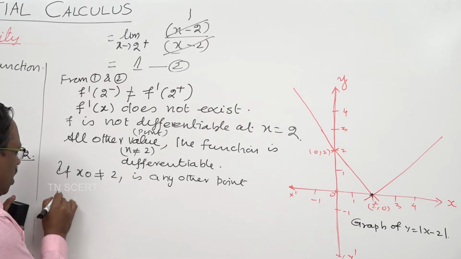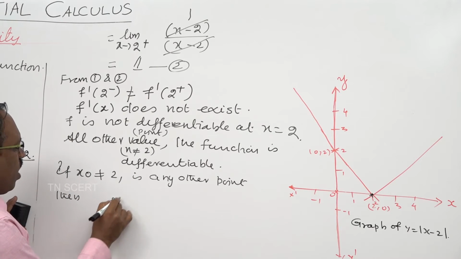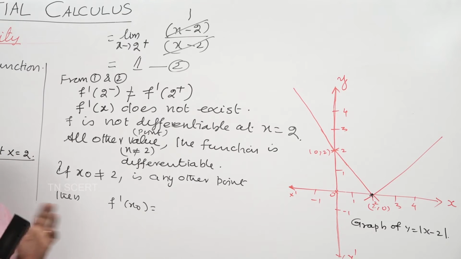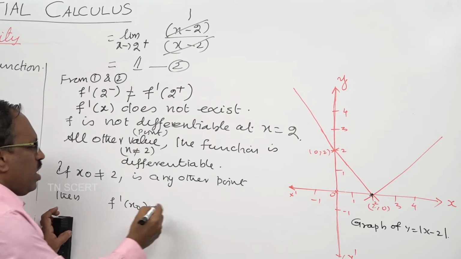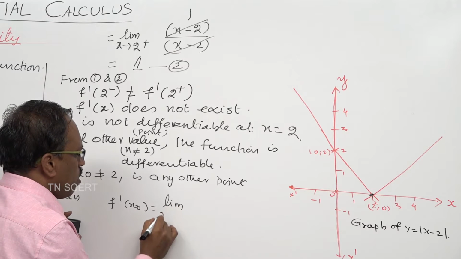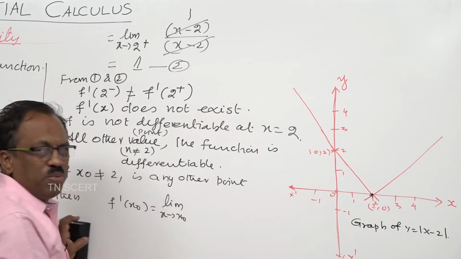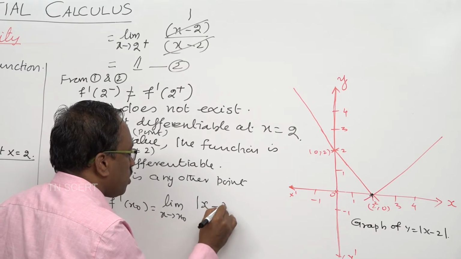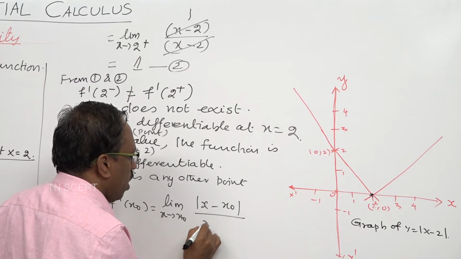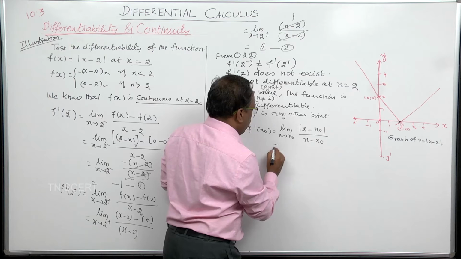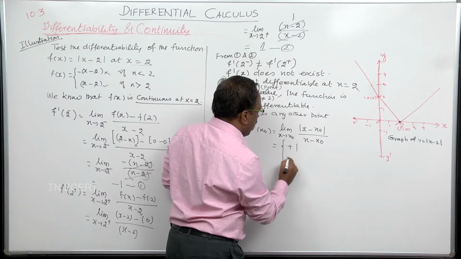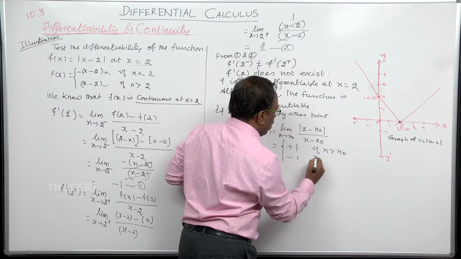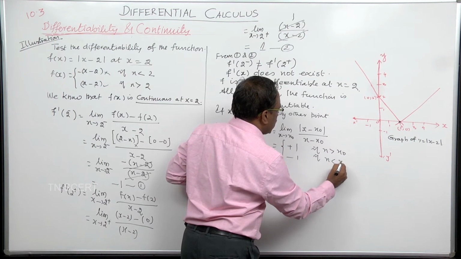Then what else here? f dash of x naught, remember, that word is very important. f dash of x naught is the limit as x tends to x naught of modulus of x minus x naught by x minus x naught. We will have plus 1 if x is greater than x naught, and minus 1 if x is less than x naught.